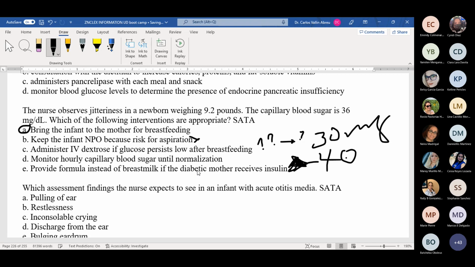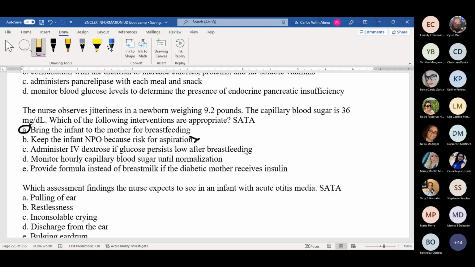And IV dextrose is only given when it's below 30 and the baby is lethargic and all the stuff that I mentioned before. This is as far as I remember the protocol. But in reality, if I were having this option, I would have a lot of doubts. And this is what I do in those cases, put the quotation mark.